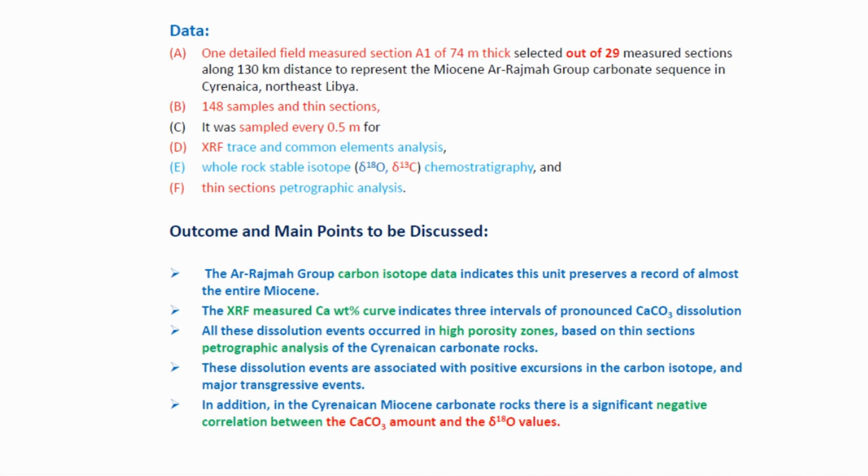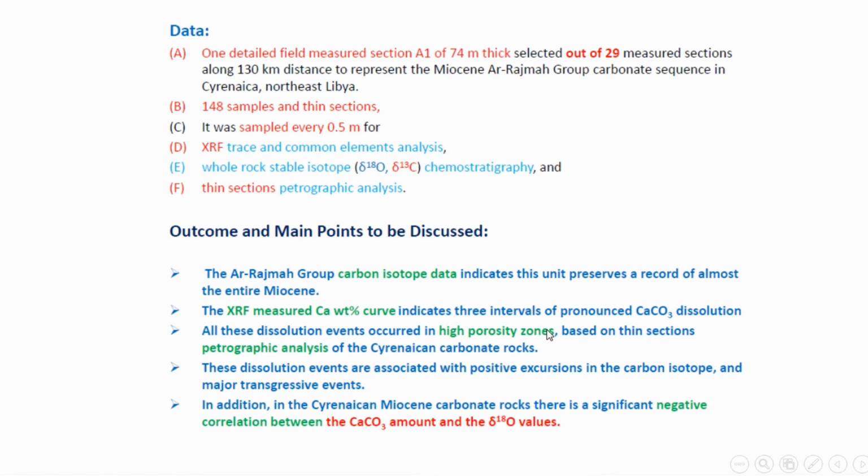So the whole Cyrenaican Miocene section is preserved, indicated by carbon isotope data. And the three dissolutional events of calcium, indicated by XRF, occurred with high porosity zones associated with positive carbon excursions and major transgressive events.